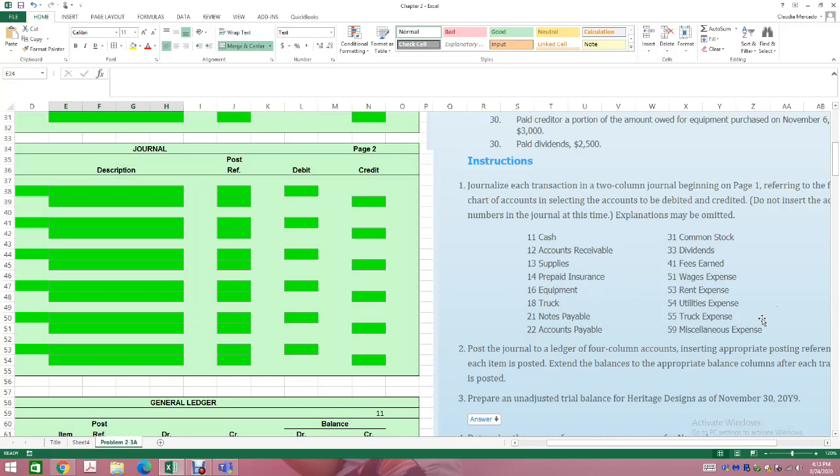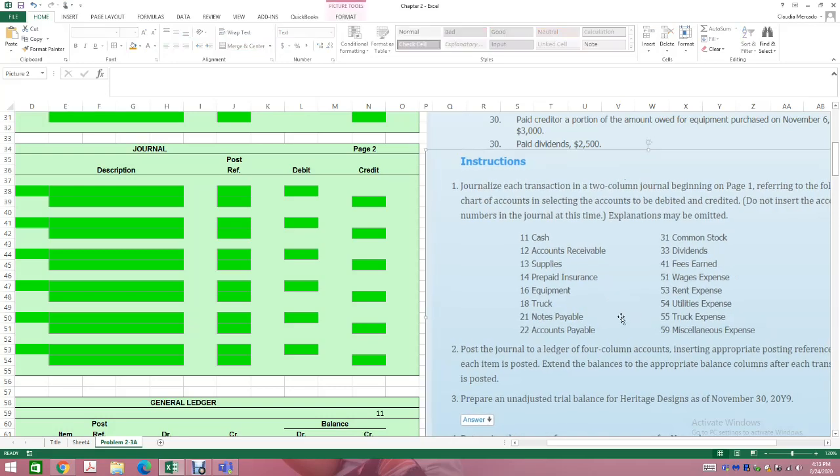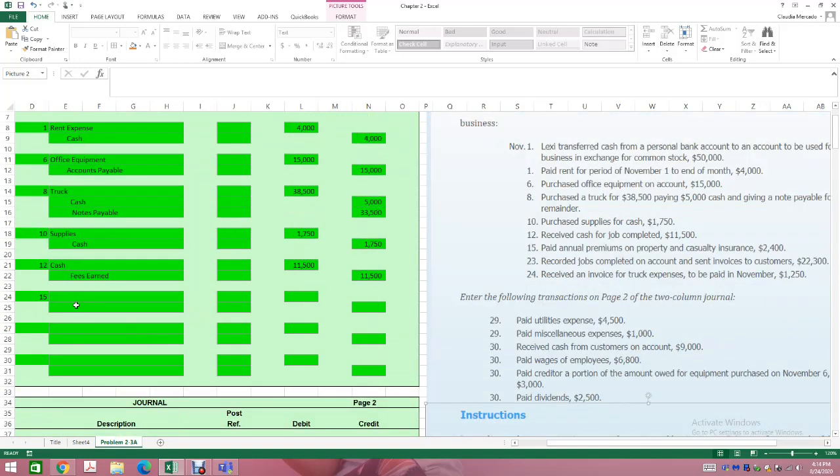Now that's going to be covered, I believe, next chapter which we deal with adjustments. So I'm not going to confuse you right now. But in this problem, we're looking at prepaid insurance. It's prepaid because you paid it today and you've paid for insurance for the whole upcoming year. So you've prepaid something, okay? So we're going to use that account.